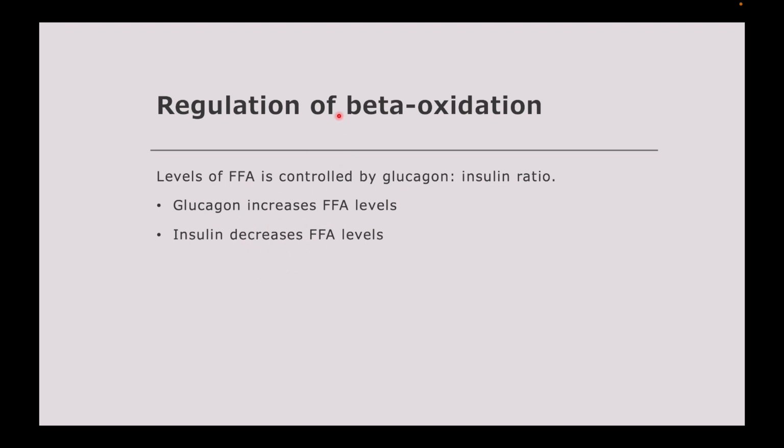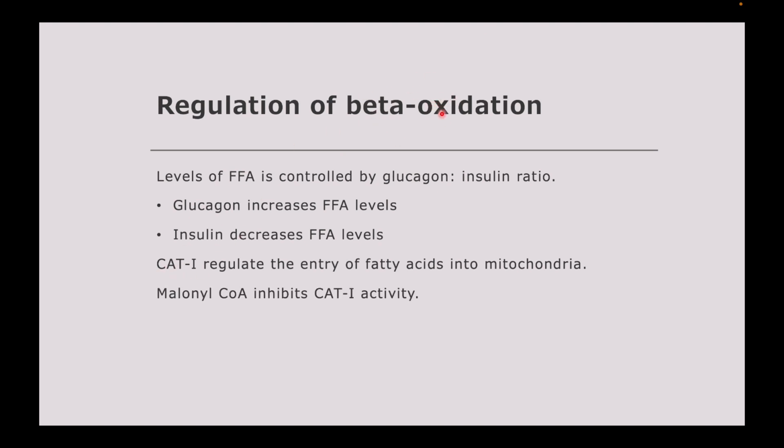So this can control the regulation of beta oxidation. If you have more glucagon, you have more beta oxidation. And then CAT1, which is an important shuttle, which shuttles the activated fatty acids to the mitochondria, also regulates beta oxidation. If you have more of this, you get more beta oxidation.